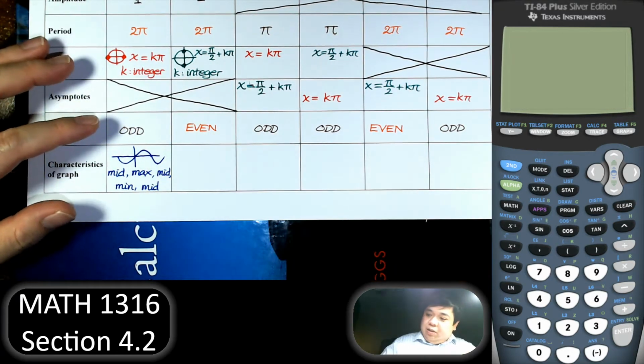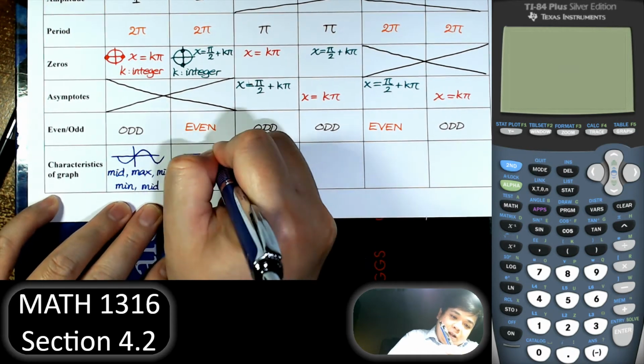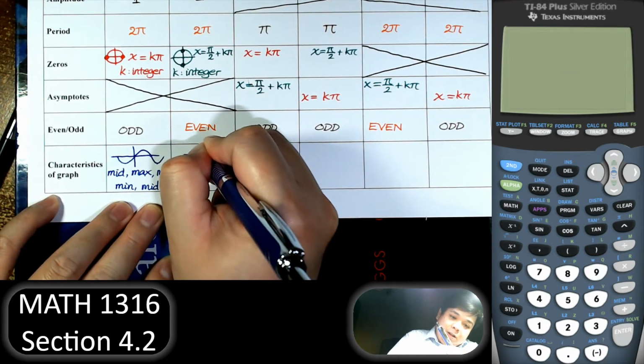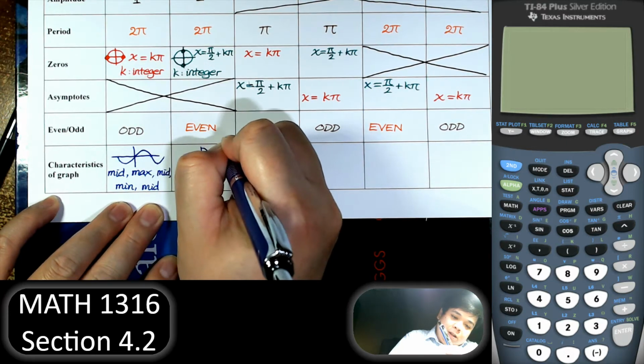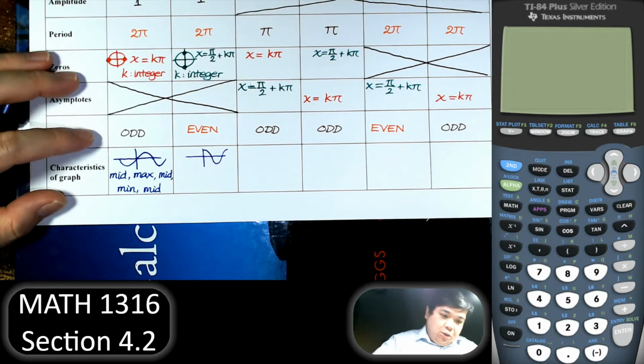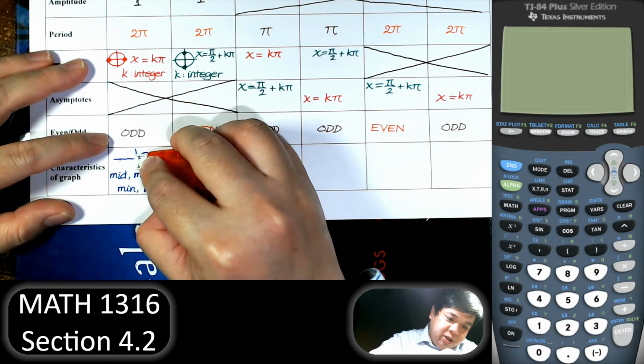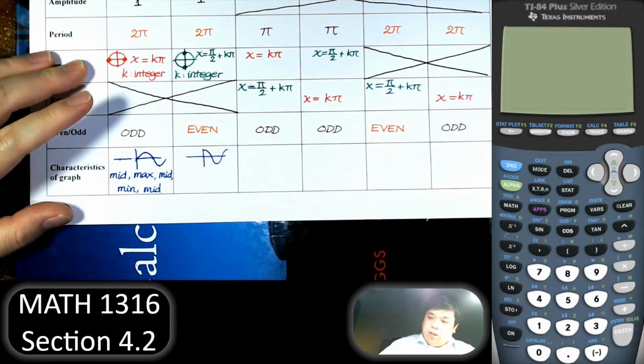For cosine, is that. Oh, I shouldn't draw that, just based on the one period from 0 to 2 pi.